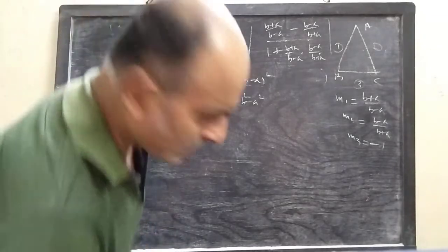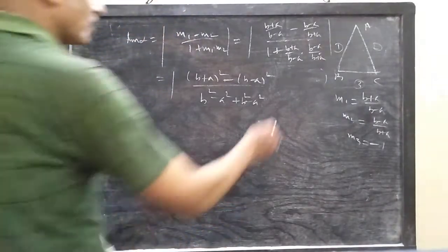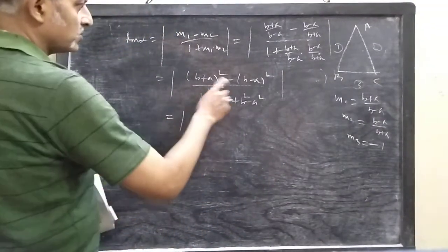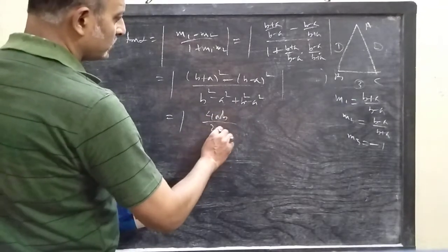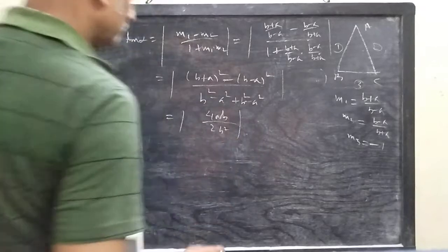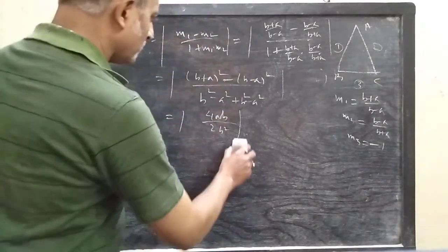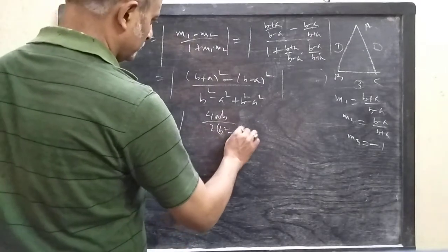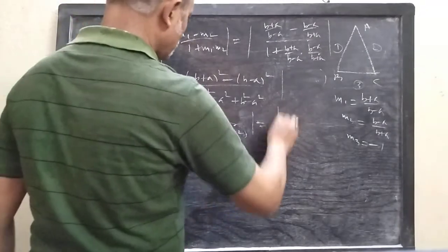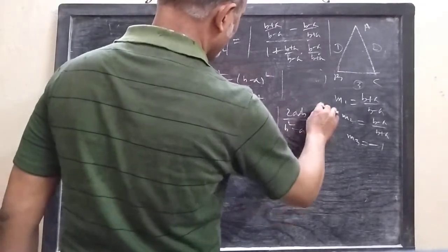You can write this directly. Okay, this equals, the numerator becomes 4ab, the denominator becomes 2b square, that is 2 into (b square minus a square), which equals mod of 2ab/(b square minus a square).